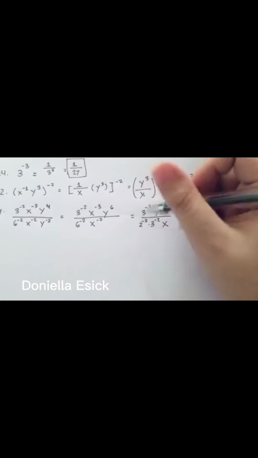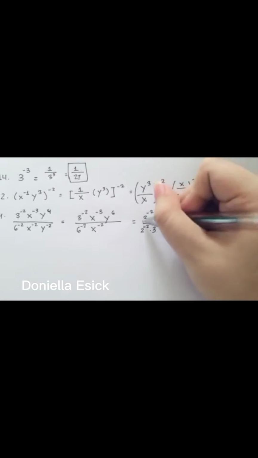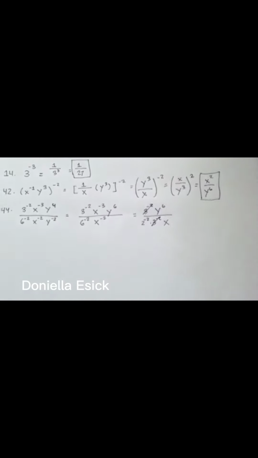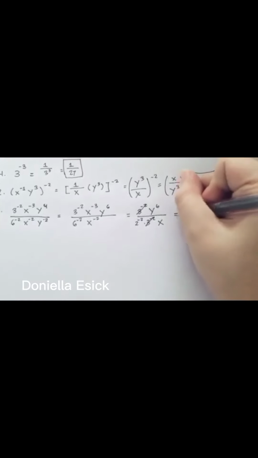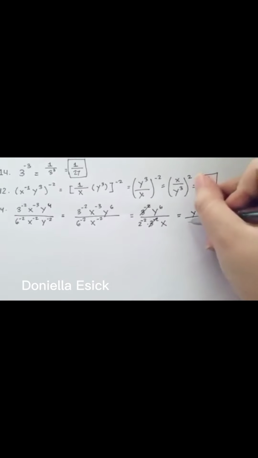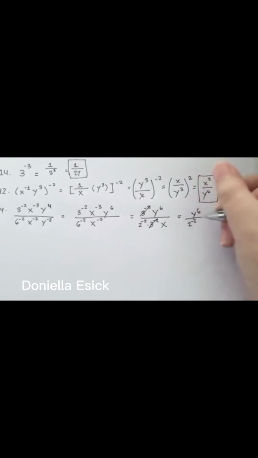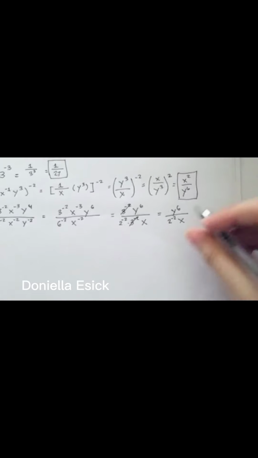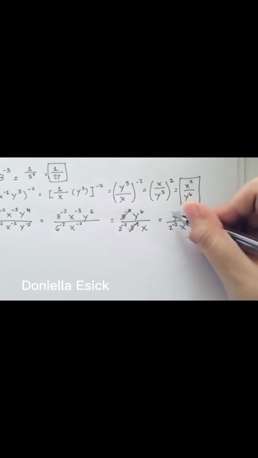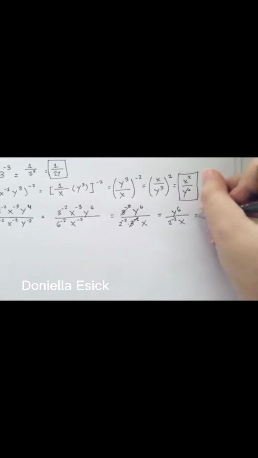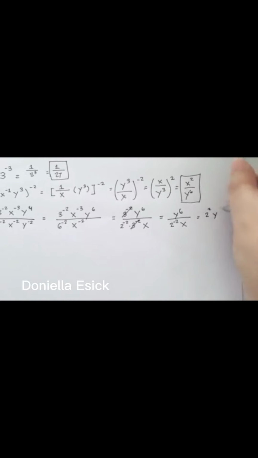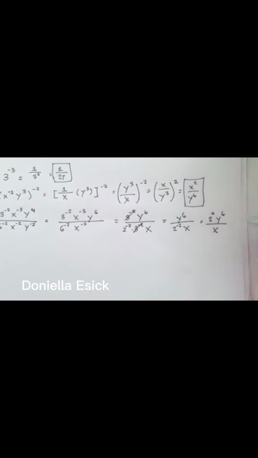So, cancel ning duha ka 3 raised to the power of negative 2. And then, equal siya og y raised to the power of 6 over 2 raised to the power of negative 2, and then x. Since negative man ni siya, ato na siyang ibalhin sa numerator para mahimo siyang positive. So, 2 raised to the power of positive 2 and y raised to the power of 6 over x.